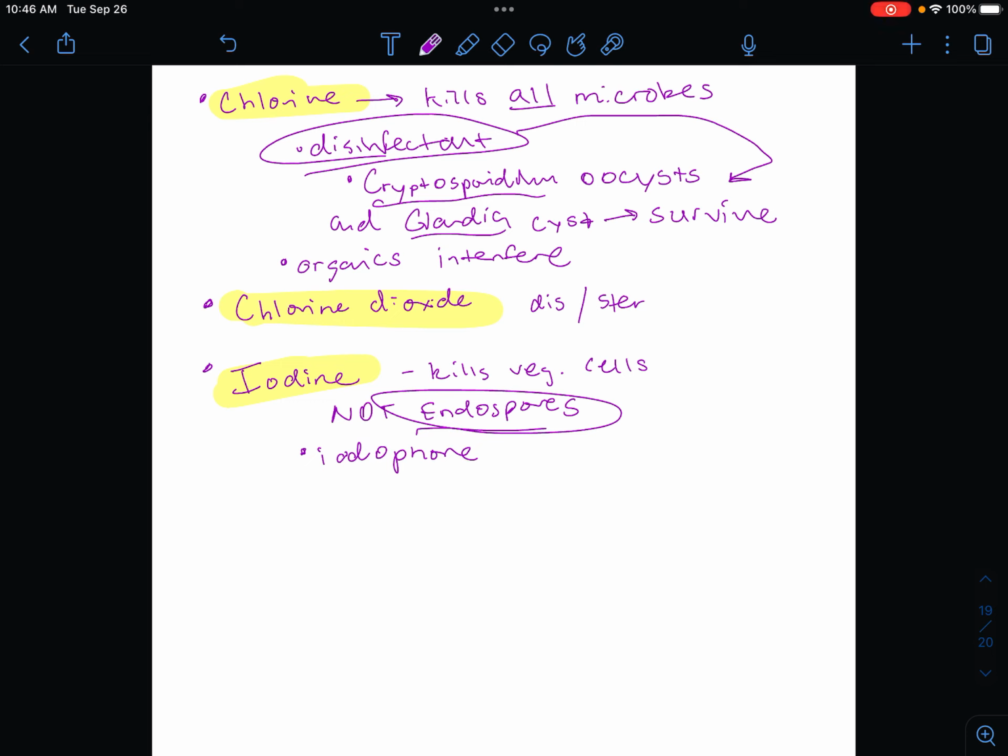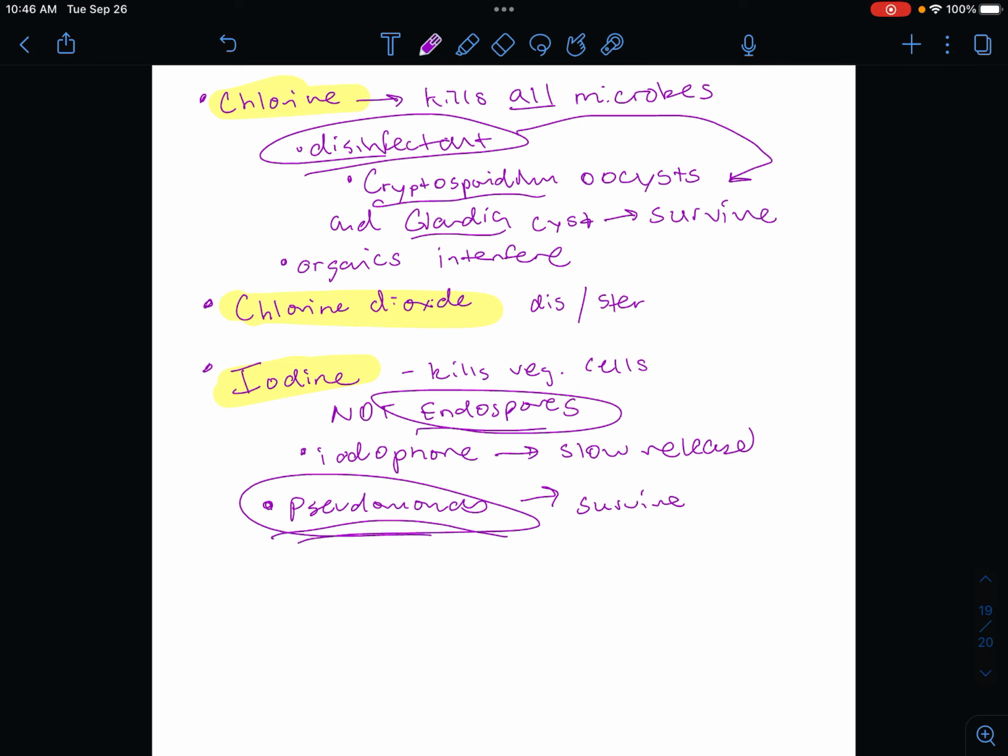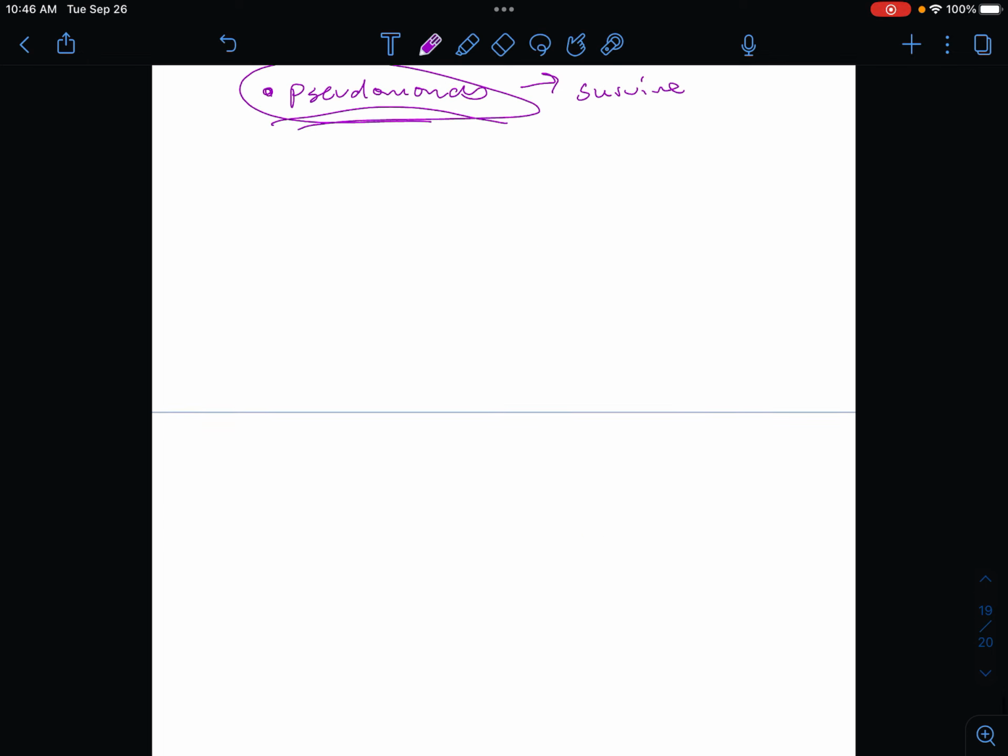Man, I'm just messing up the pronunciation on all these things. This allows for a slow release from a carrier molecule. Pseudomonas actually can survive in iodine stock solution. So again, it's a disinfectant. It doesn't get rid of everything. Very tricky, this one. Very resistant.